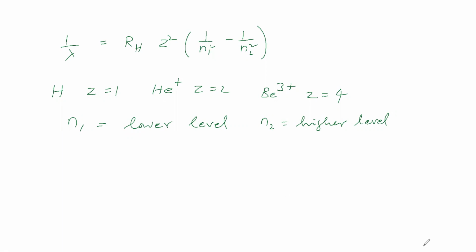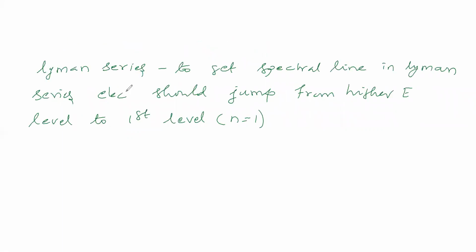Niels Bohr is considering the Lyman series. Lyman series means the spectral lines present in the ultraviolet region of the hydrogen spectrum.